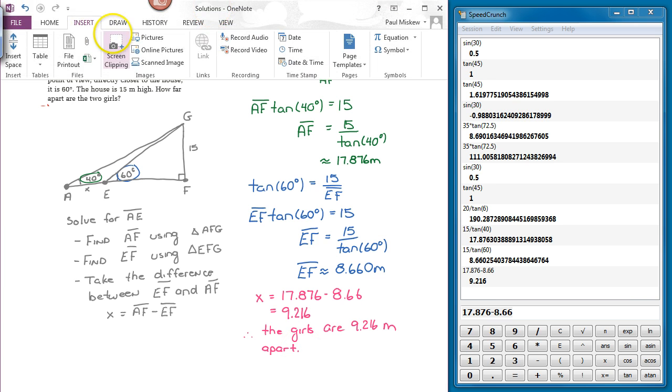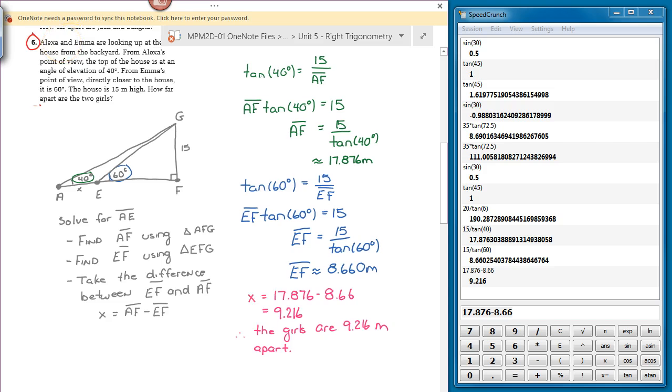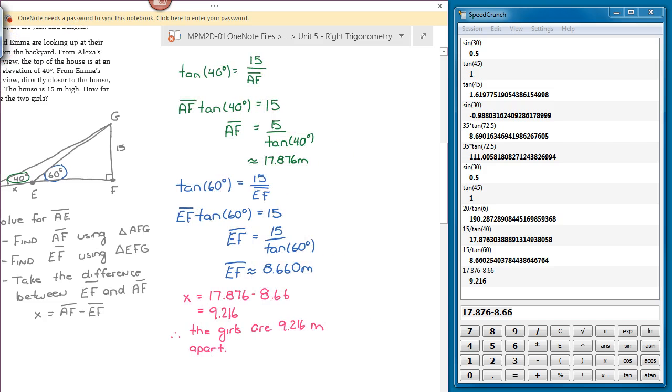A nice little thing to point out here, and I would encourage students to start getting used to doing this because it's going to help you keep your accuracy and get comfortable with your calculator use. If I was doing this, I would actually stop here and I would stop here. And then what I would do is I'd have my calculator do my work.